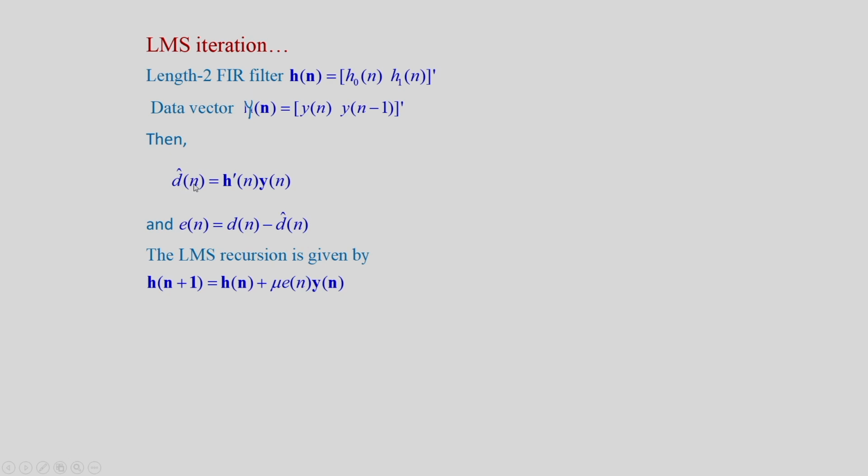Then the output of the adaptive filter d hat of n is given by h transpose of n into y of n, that the algorithm will compute, and e of n is given by d of n minus d hat of n. d of n we already know, d hat of n we have computed here, therefore we can compute e of n. The LMS recursion is now given by h of n plus 1 is equal to h of n, which we have defined here, plus mu times e of n into y of n. In this way, we can update the filter coefficient.